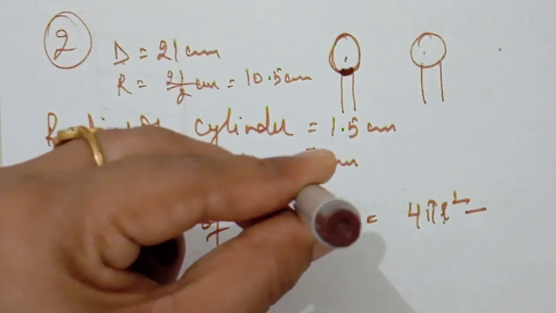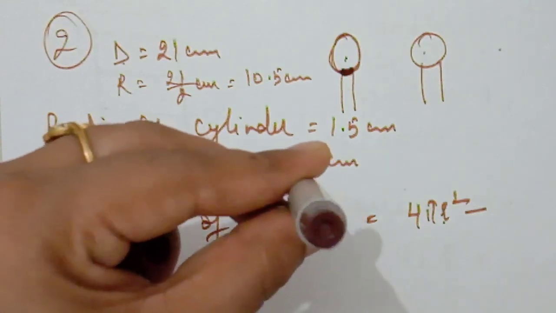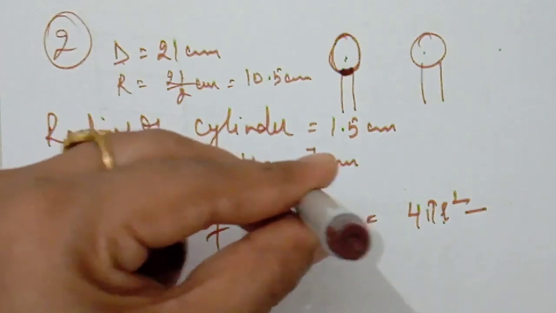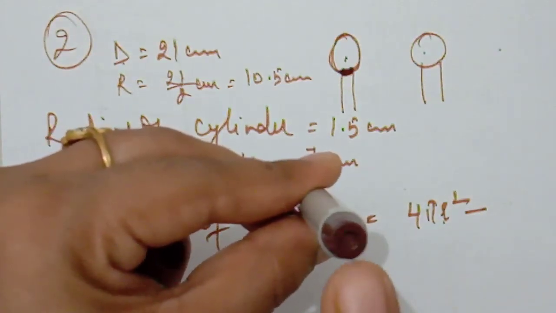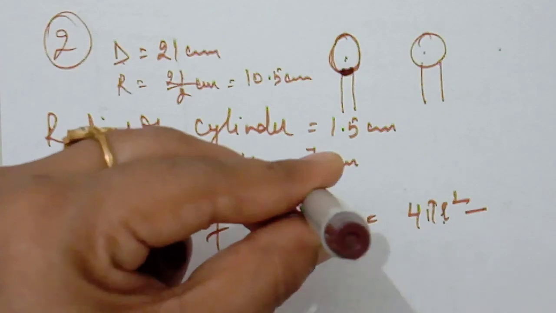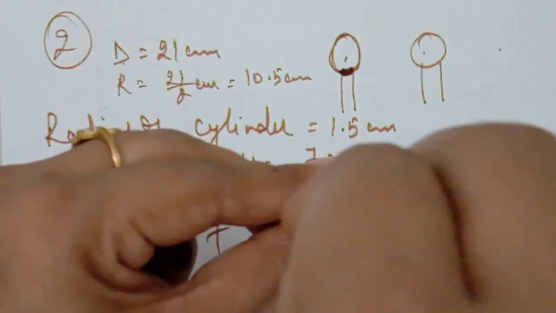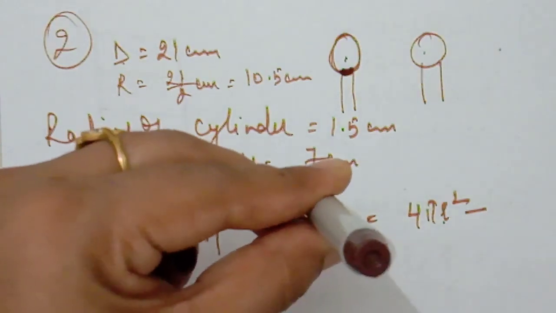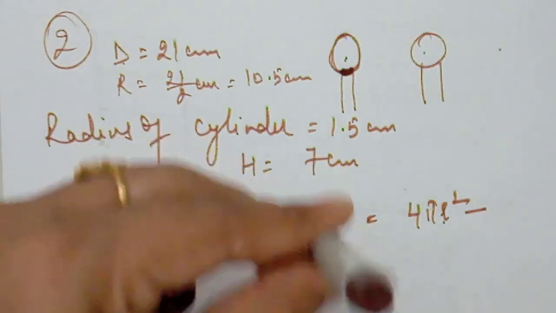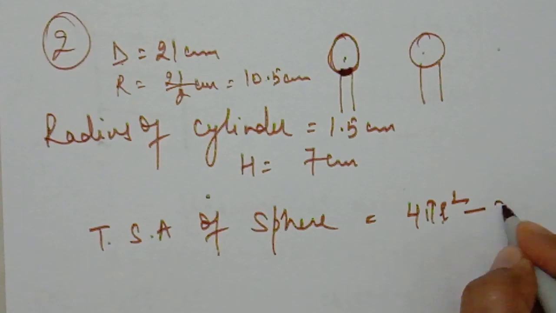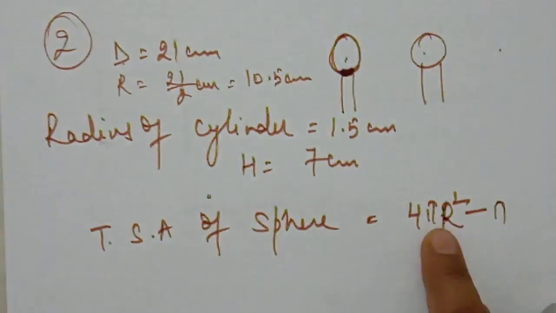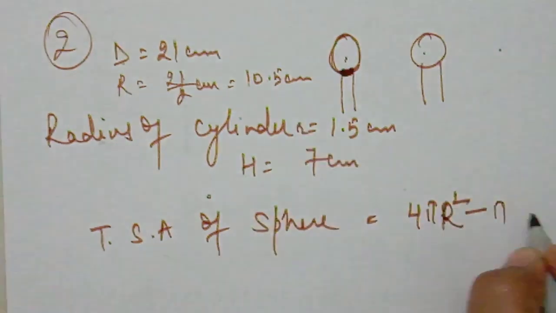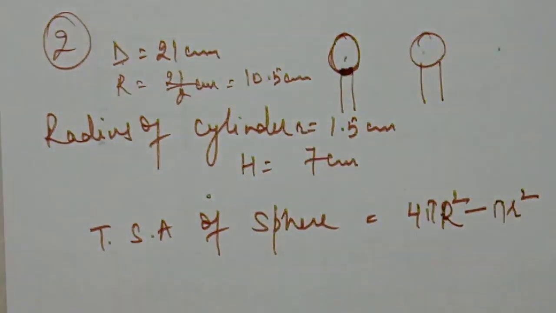It means in short, for finding the area of the sphere, we have to subtract the area of this cylindrical pipe, because the sphere is present on this pipe and this part is attached with the sphere, and on that part painting is not possible. So we have to subtract. We will take capital R for the sphere and small r for the cylinder.